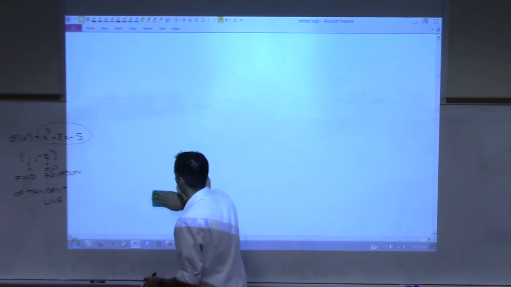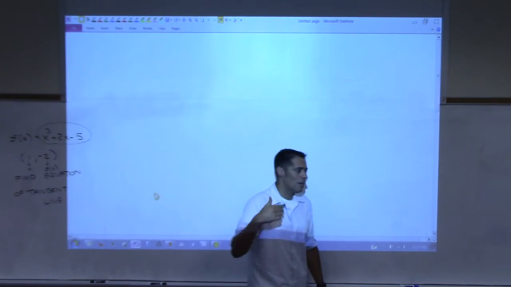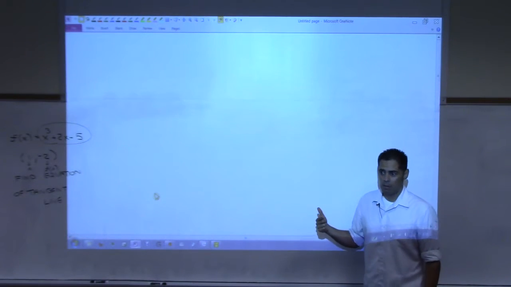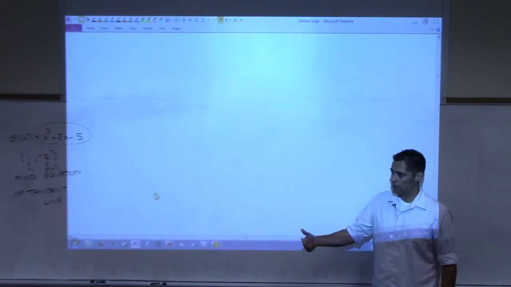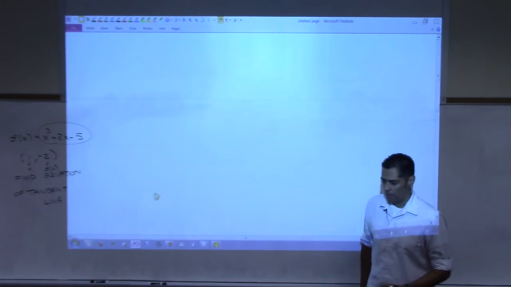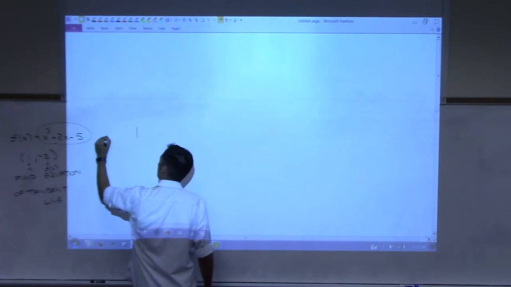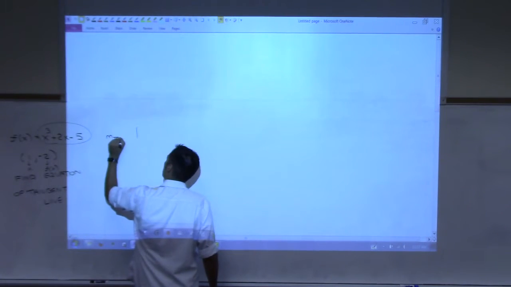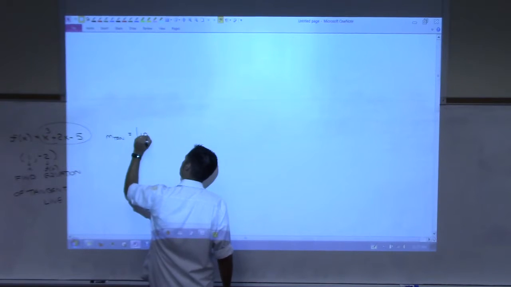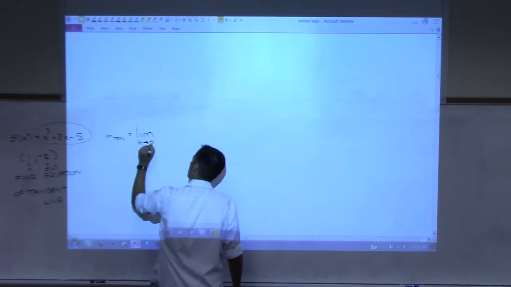I think what we need to do now is repeat this problem again with the other formula. Maybe the other formula would have worked better or easier. So I'm going to now write slope of the tangent line is equal to limit h goes to 0.